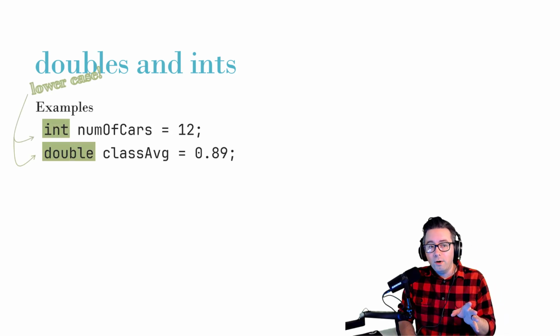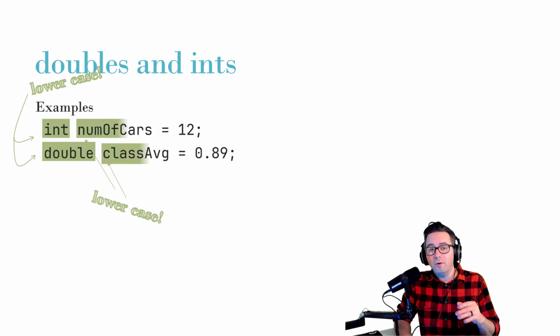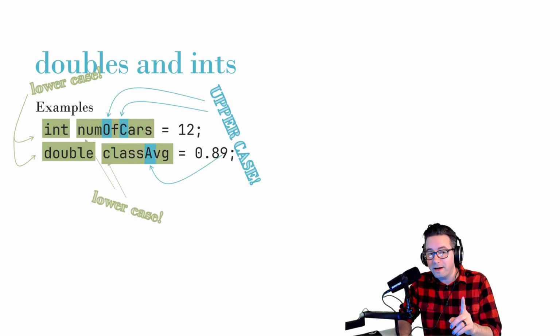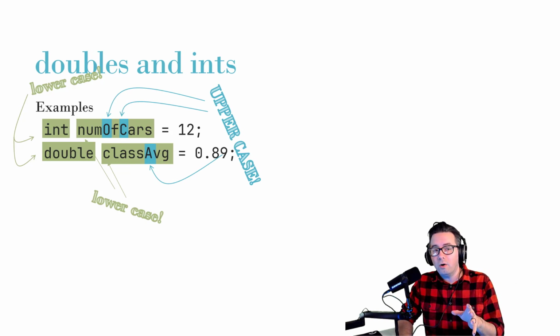So notice that these data types are lowercase. Case matters for these data types because it's indicating the type of objects. And for the variables, notice that it's all lowercase except for the first letter of the second or non-first words. Those are uppercase to indicate that it's a new word.